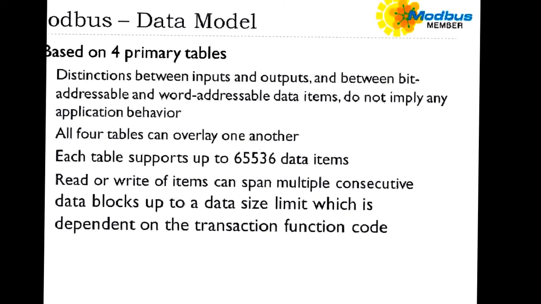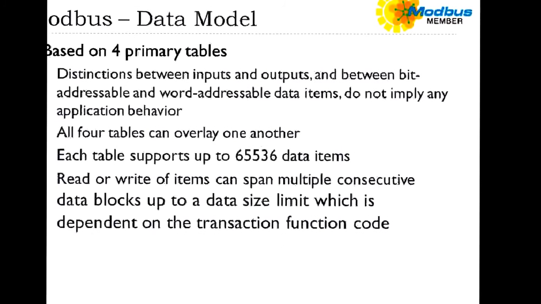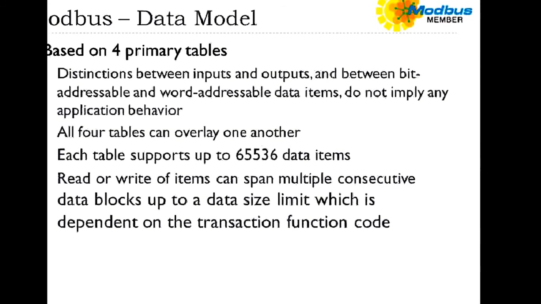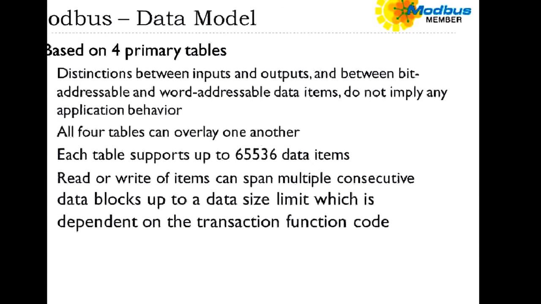Everything works on the basis of a data model, which is based on 4 primary tables. This is much more complex than KNX in some way. There are some distinctions between inputs and outputs, between registers that contain bits and words, and registers that just contain coils.